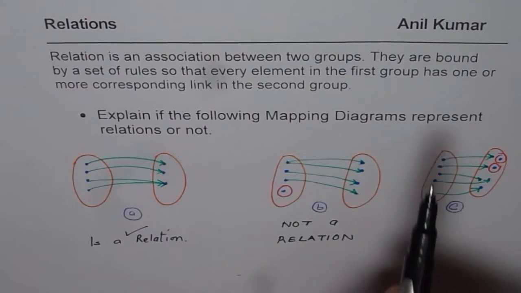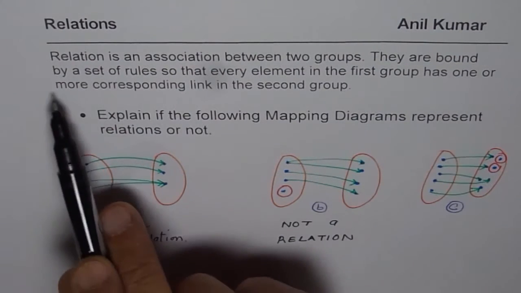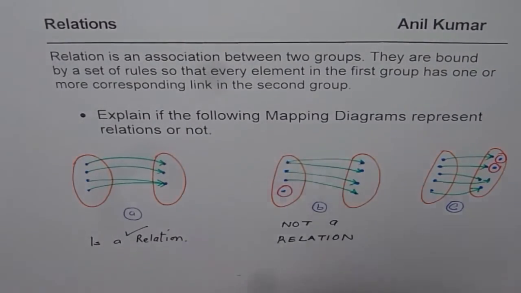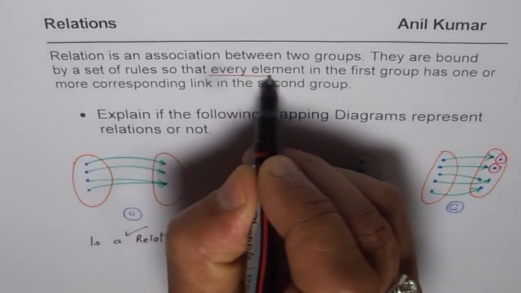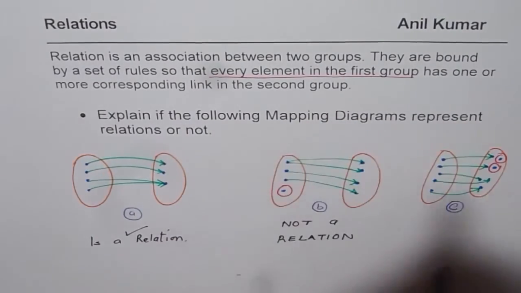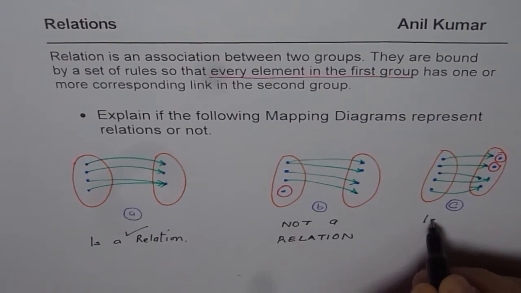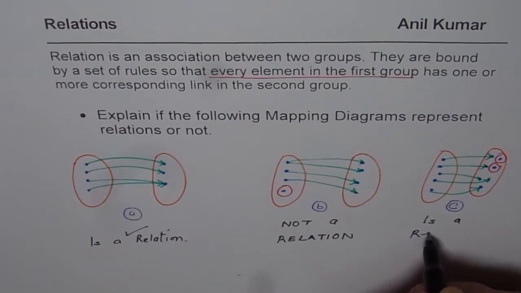The important thing here is that they are bound by a set of rules so that every element in the first group. So the condition is actually on every element in the first group, not in the second group, correct? And therefore, this one is also a relation. Do you get the point?